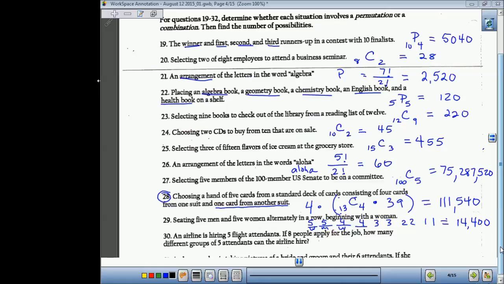If I've taken this suit out, I've taken 13 cards out, so in the deck there are 39 cards left. But this product right here, the combinations of 13 choose 4 times 39, that's only representing 1 suit. And there are actually 4 suits in a deck of cards.